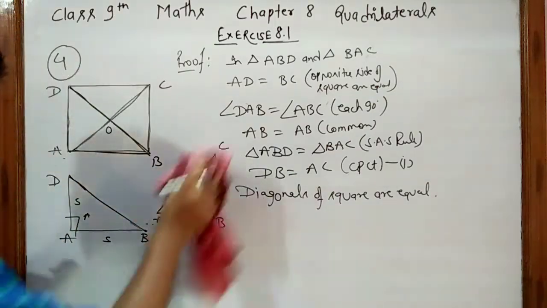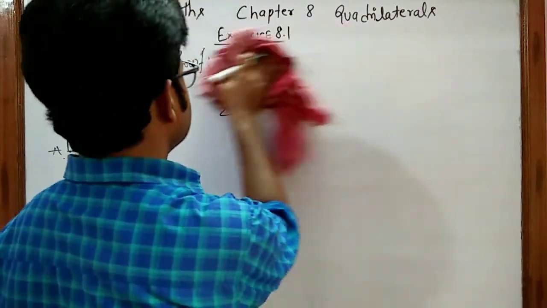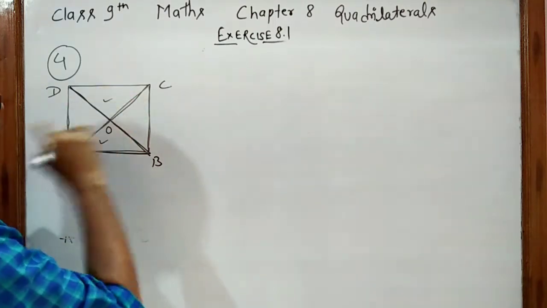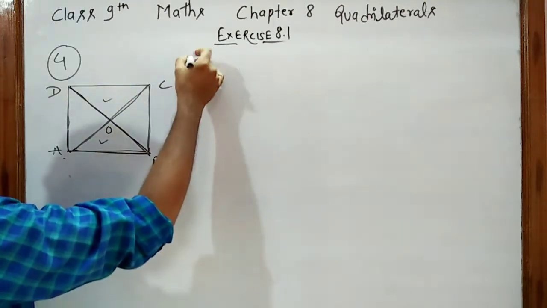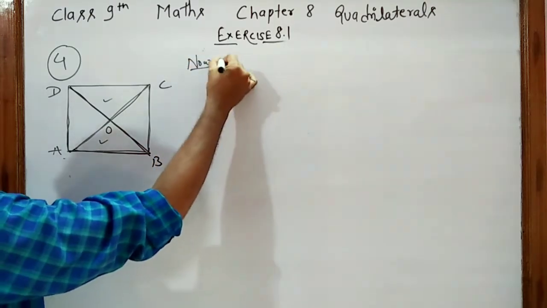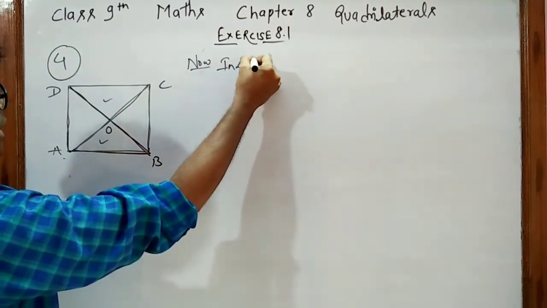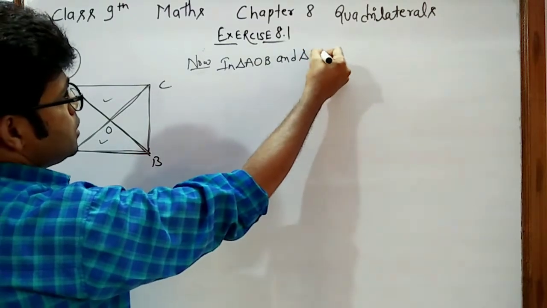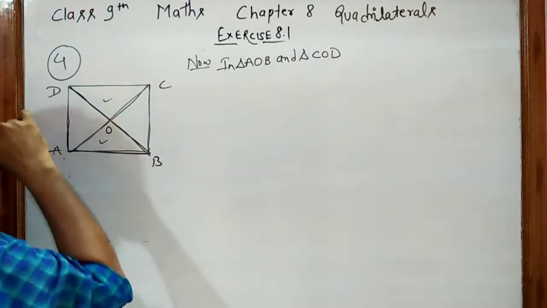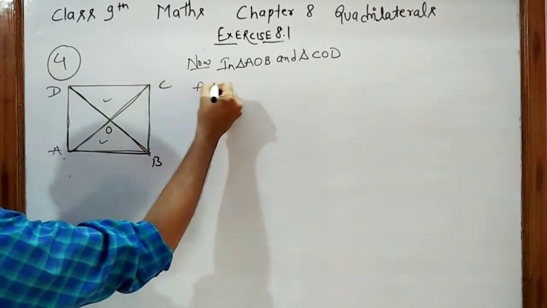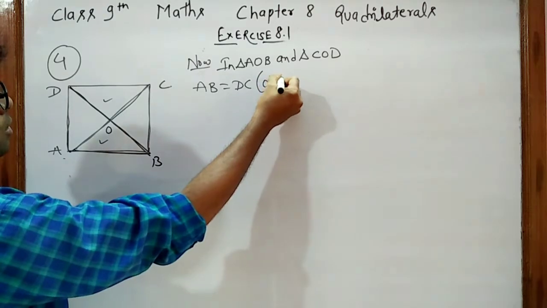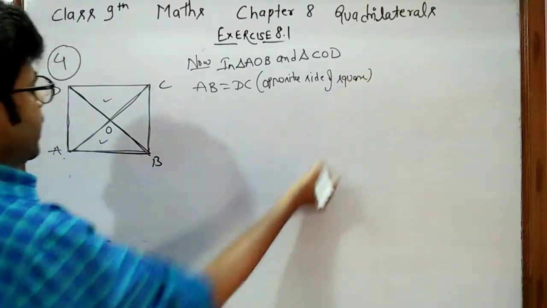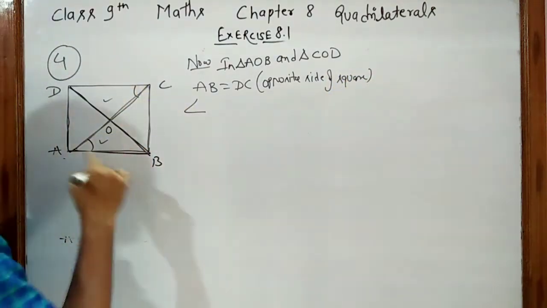Now comes the second part. For the second part, we have to take these two triangles: in triangle AOB and triangle COD, AB is equal to DC, opposite sides of a square.